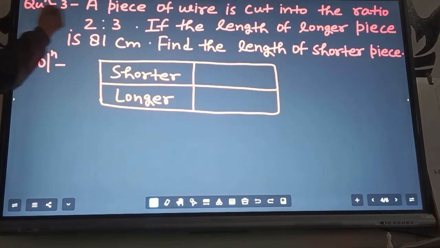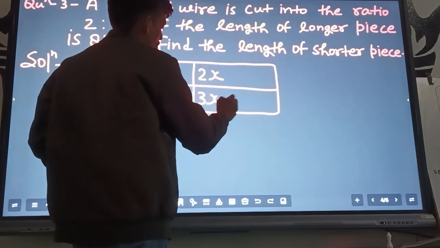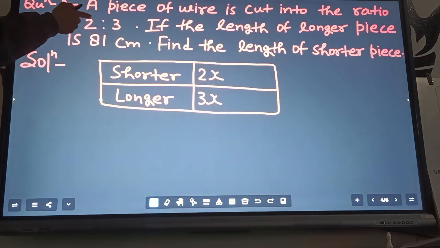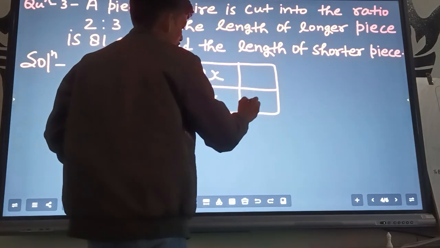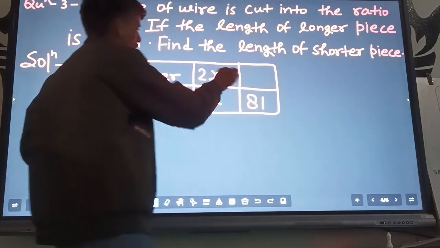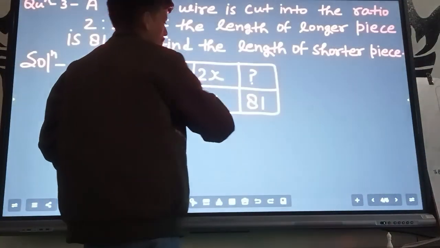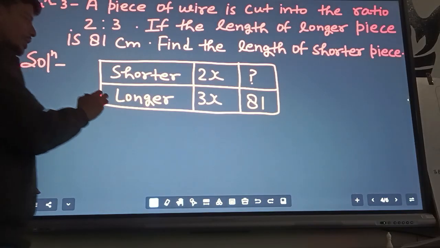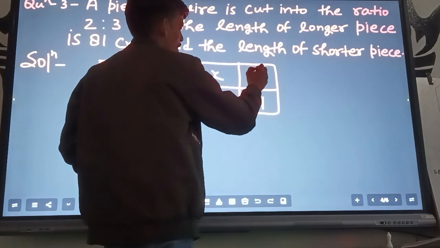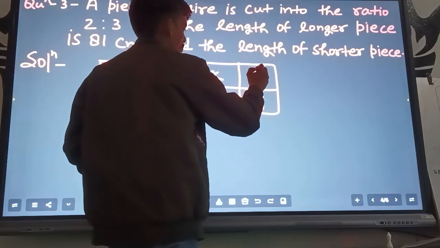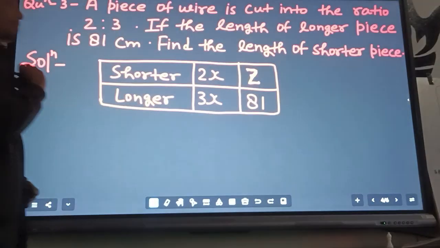The value of shorter is 2x and the value of longer we will take 3x. The value of longer piece is 81 centimeter, and we will find this value. So here we will take another variable like z.